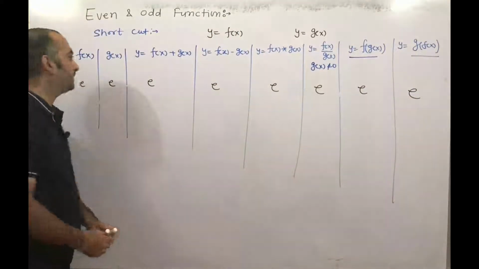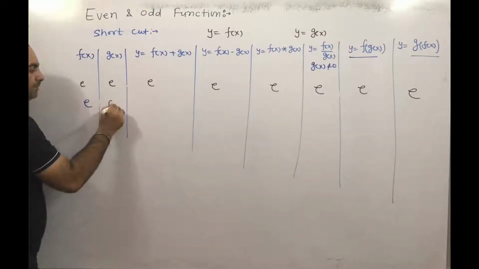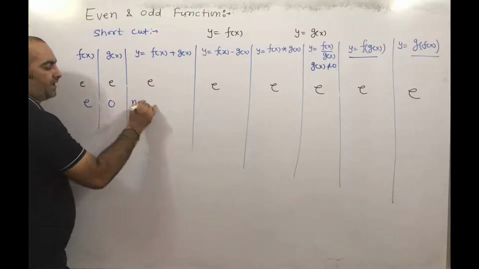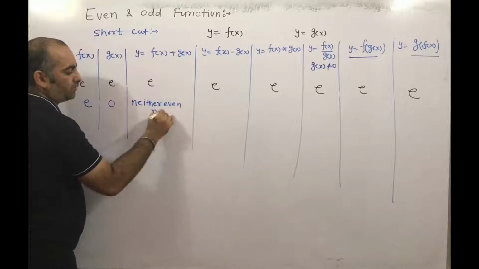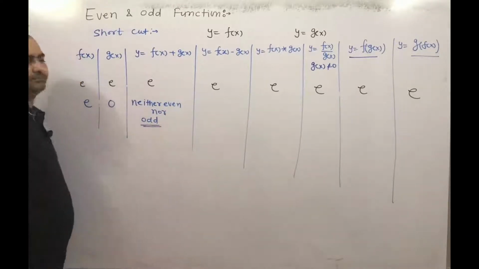The next possibility is: if f(x) is even and g(x) is odd, then what is f(x) + g(x)? This is neither even nor odd.